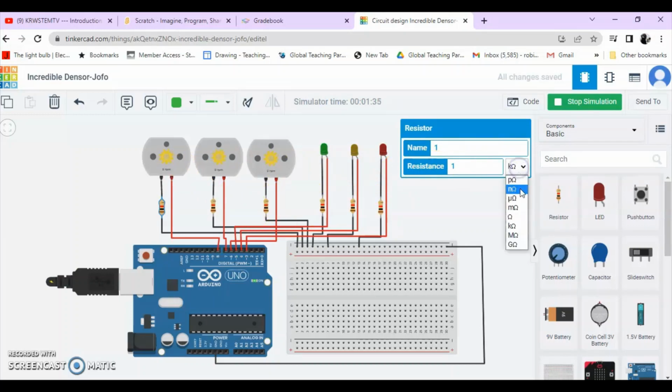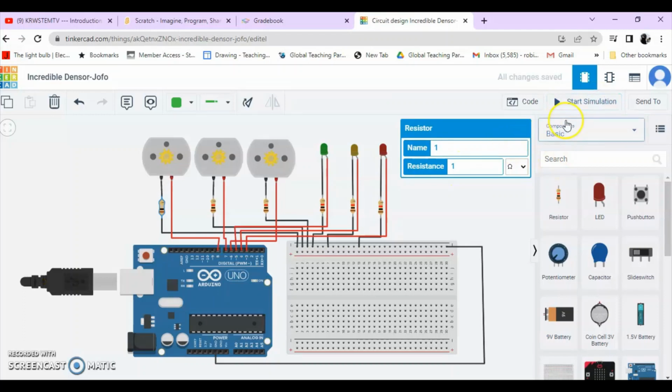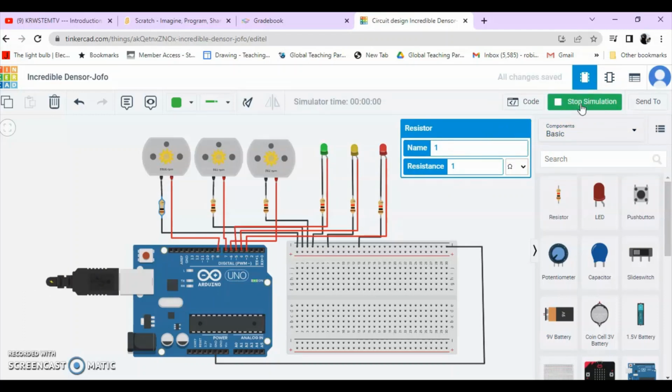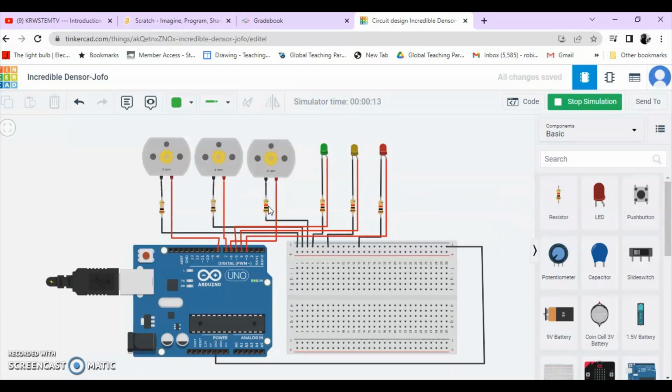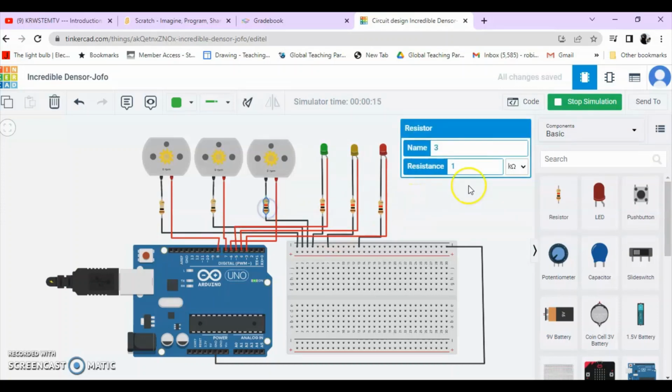So for example, let me stop the simulation and place this all on ohms. This is 1 ohm of resistance, which is very low, so I should be seeing some changes in brightness, etc.